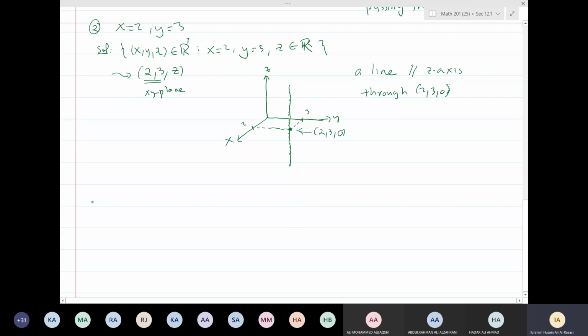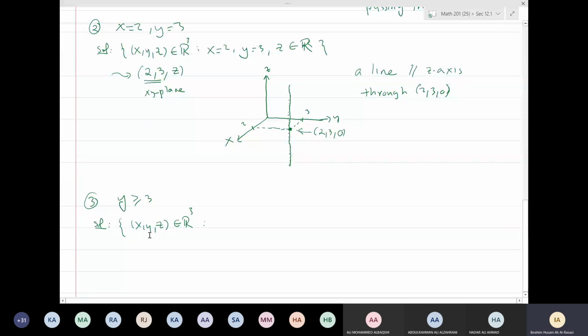For example, Y greater than or equal to 3. And I need to describe the set of all points X, Y, Z in R3. What are the conditions on X? Free.